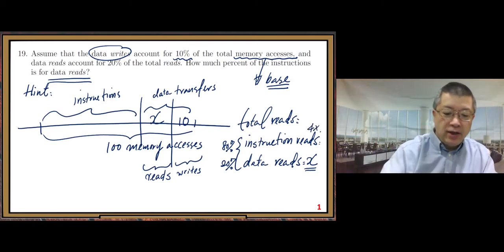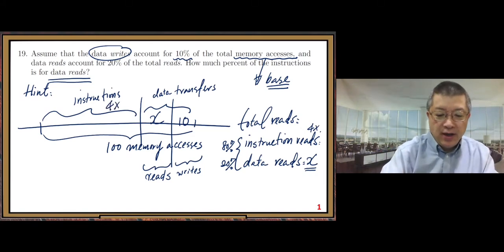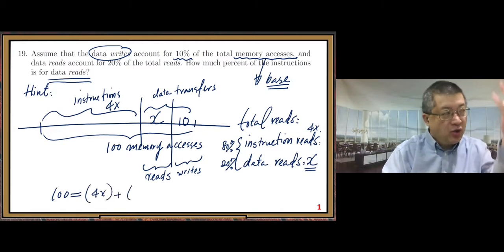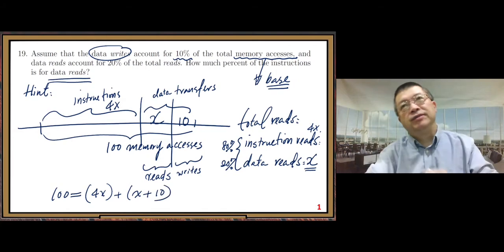Instructions are 4X, X reads, total 100. So look at this: 100 equals 4X, the instruction part, plus the data transfer read part X, plus the write part 10.